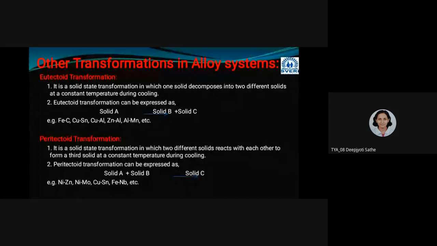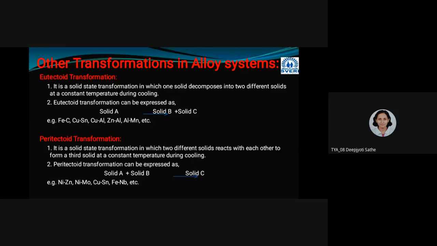Both these transformations, eutectoid and peritectoid, are solid state transformations, only solids will be there. In the first, the eutectoid transformation, one solid will decompose to form a mixture of two solids. In the diagram you can see that solid A will decompose to form two solids, solid B and solid C. That will be the eutectoid transformation.